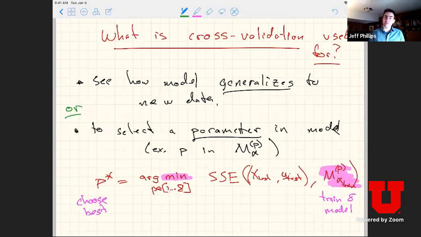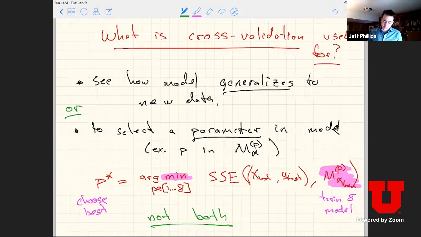Okay, so now I want to emphasize another point. I don't want to do both at the same time. It's important not to try and both assess generalization and select the parameter at the same time here.